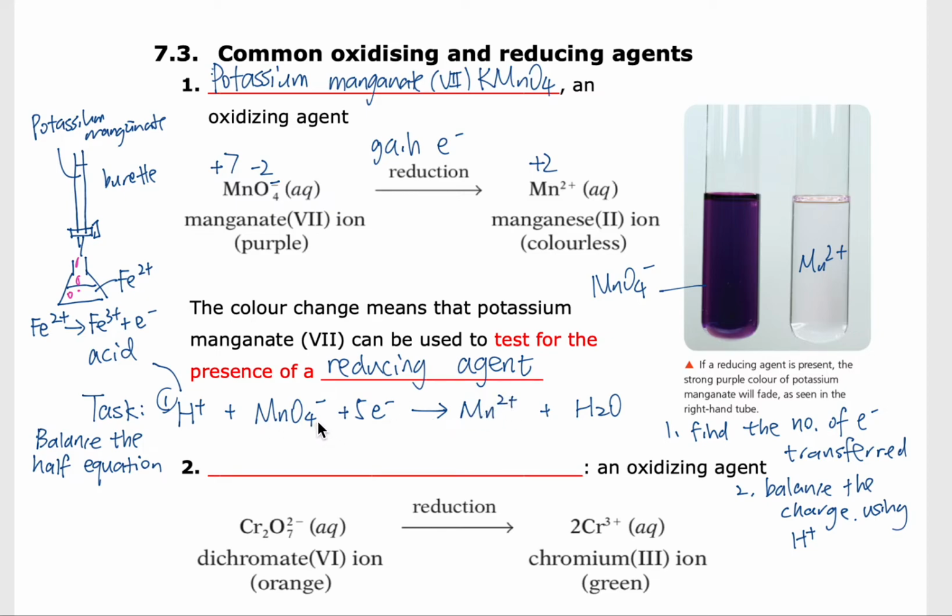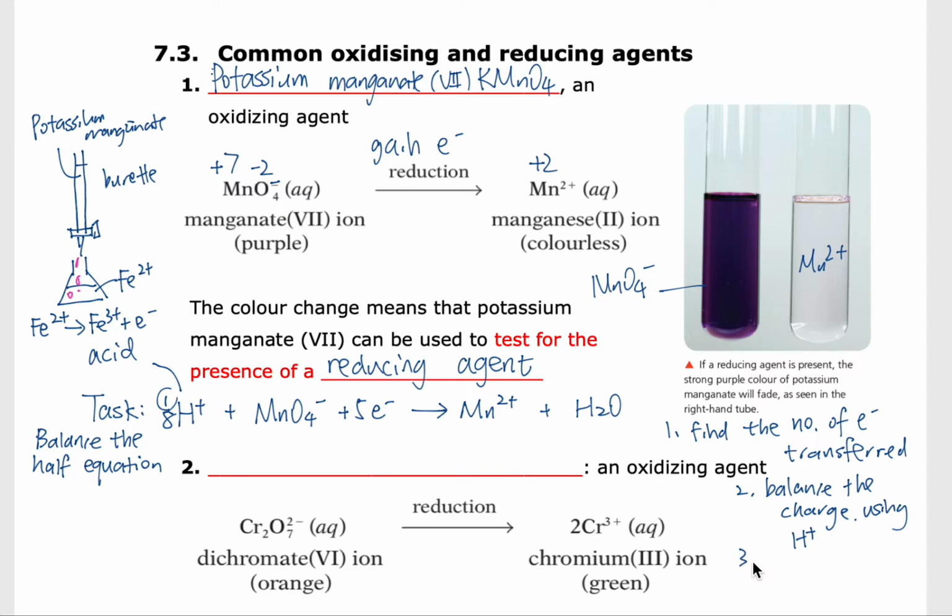On the left hand side, we have 6 negative charges. How many positive charges do I need to put to get an overall of 2 positive charges? The answer should be 8. 8 positive plus 6 negative, overall is 2 positive. So we've successfully balanced the charge using hydrogen ion.